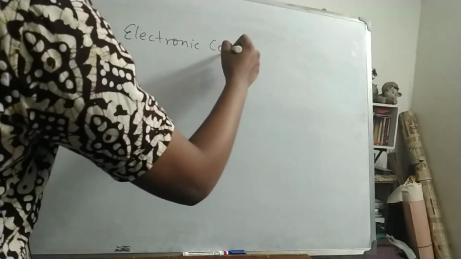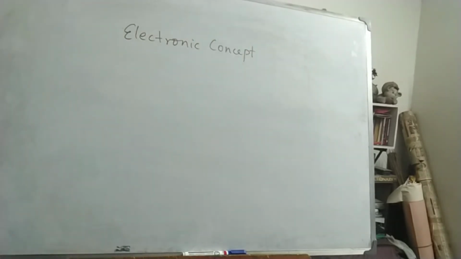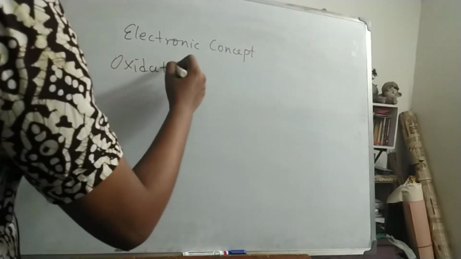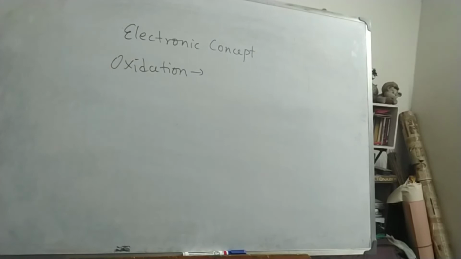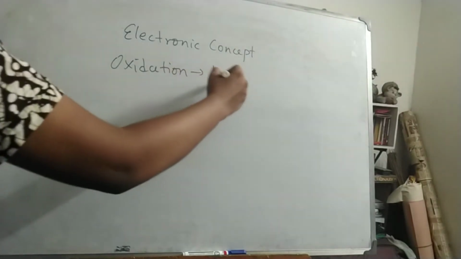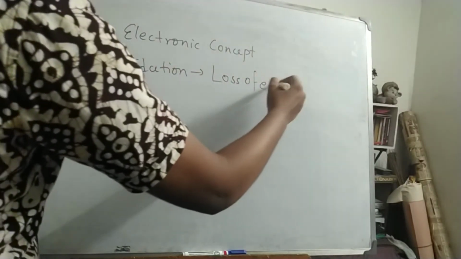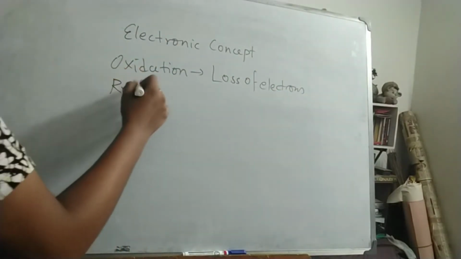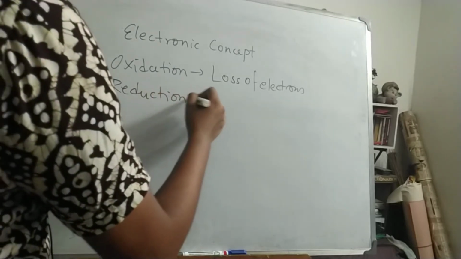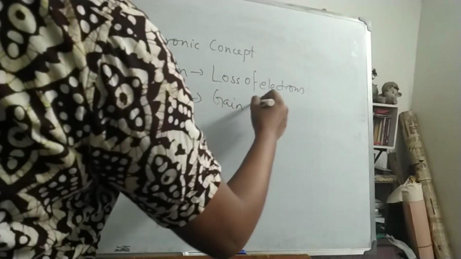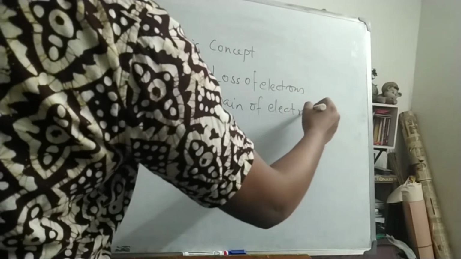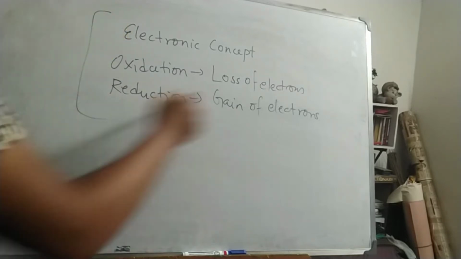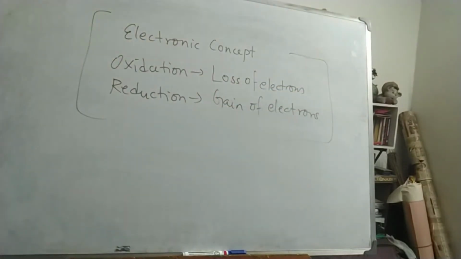Oxidation is loss of electrons and reduction is gain of electrons. This you will learn in class 11, so remember up to this electronic concept.